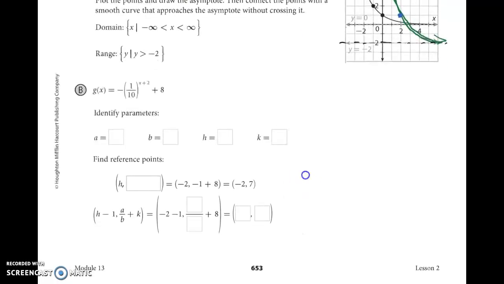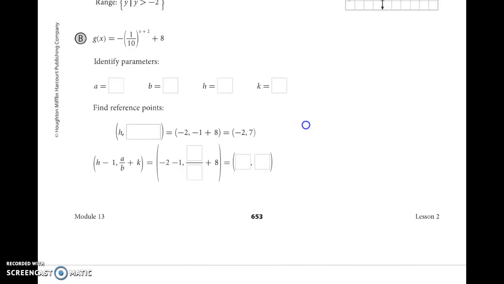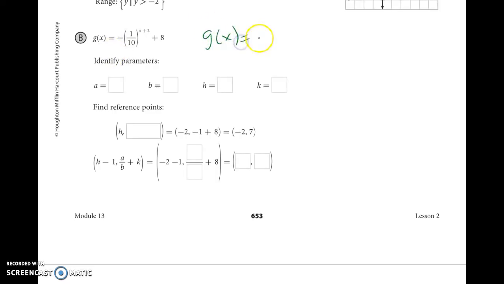So now let's try it for part B. Let's identify g of x equals a times b to the x minus h plus k, and identify my variables. a is the number in front, so that looks like a -1. b is 1/10, the number that's being raised to the exponent. h is what's being subtracted here.